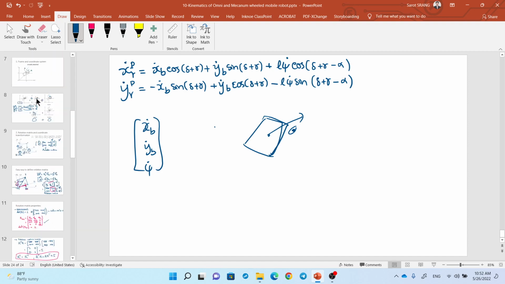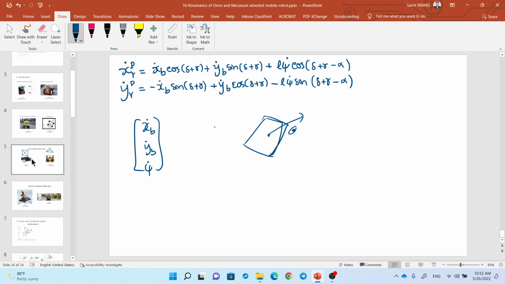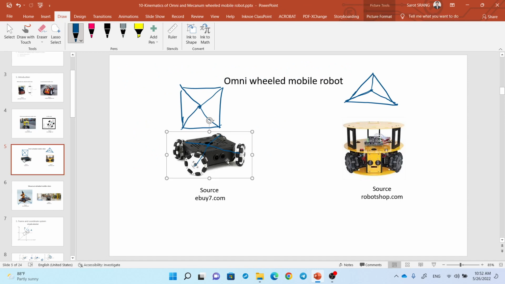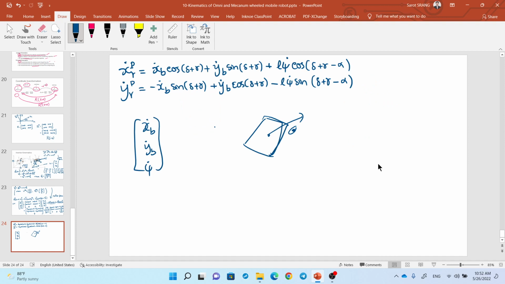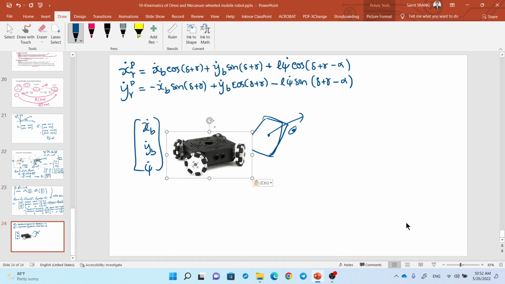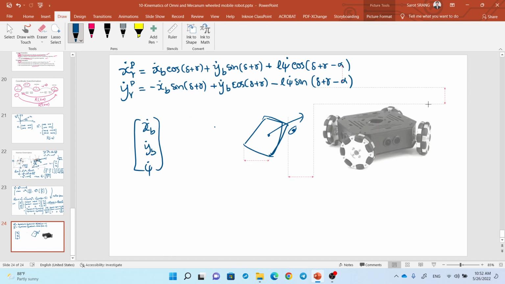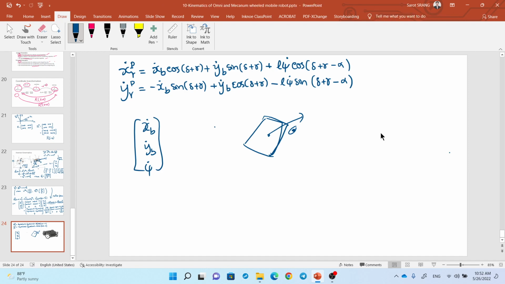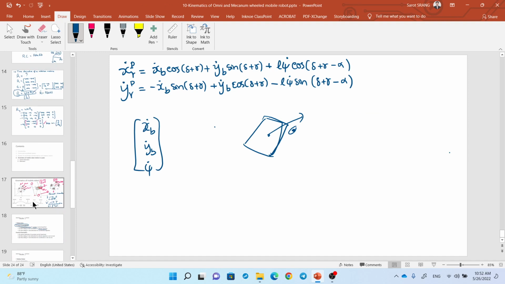So let me choose this picture in order to explain this one. Look at this wheel, this roller, the mechanism wheel.